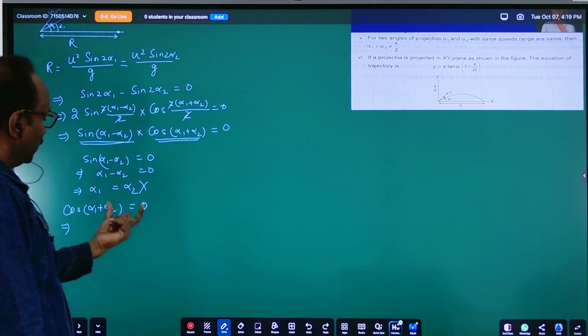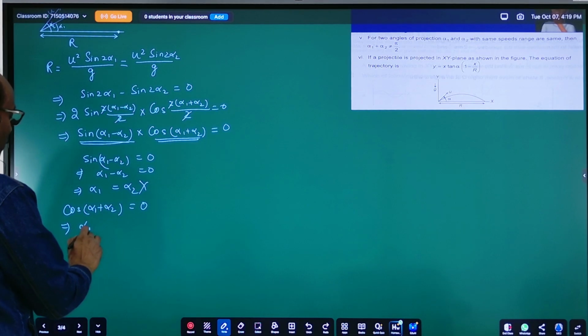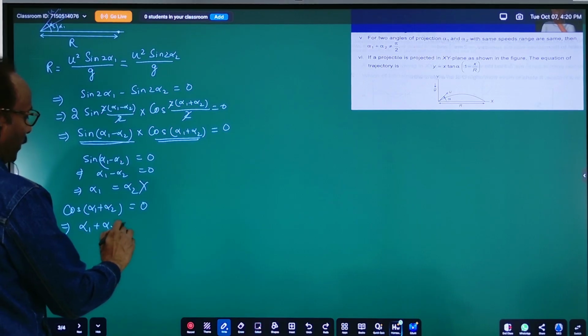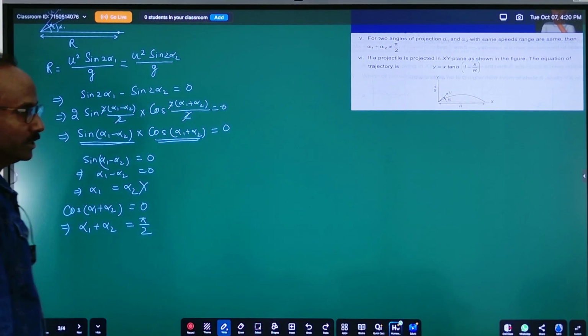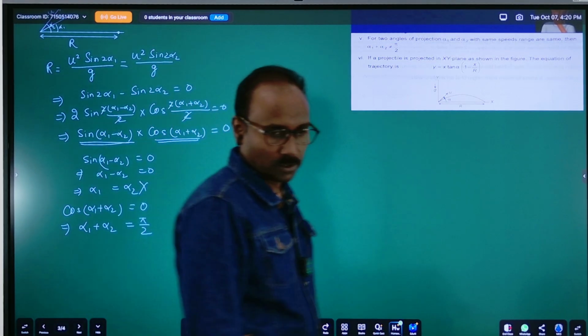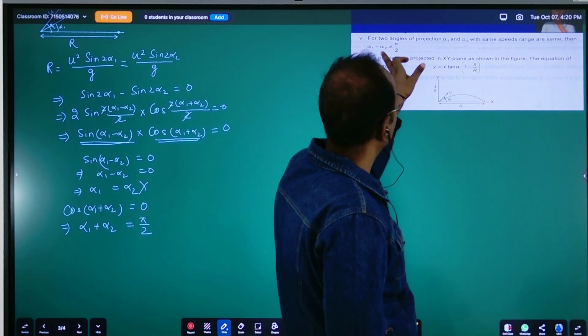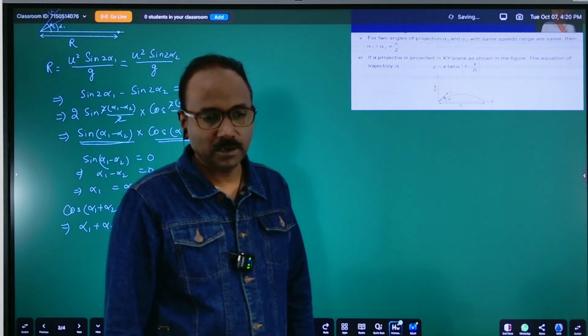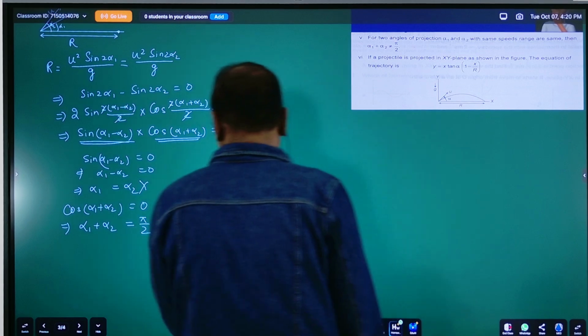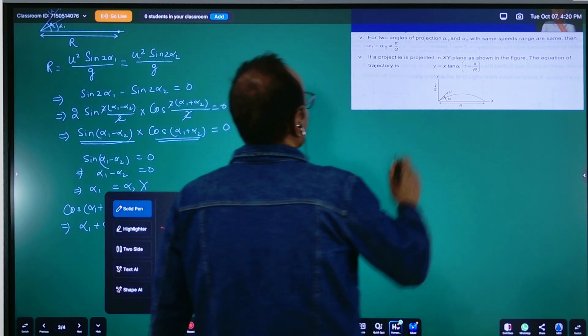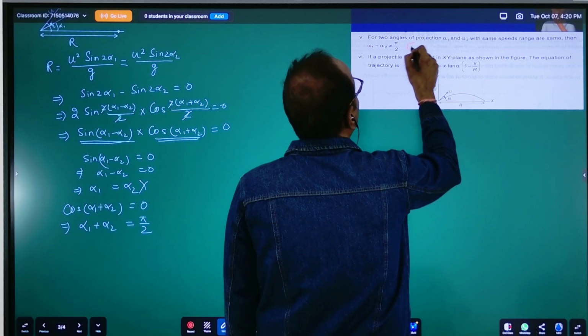For this to be 0, alpha 1 plus alpha 2 should be pi by 2, 90 degrees. But the question is saying that alpha 1 plus alpha 2 should not be pi by 2. So it means statement number 5 is false.